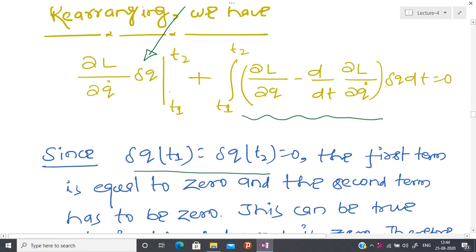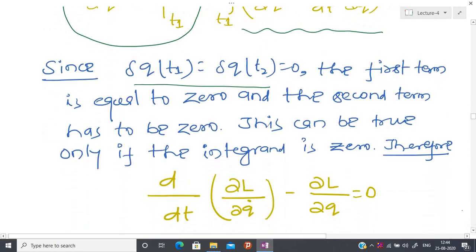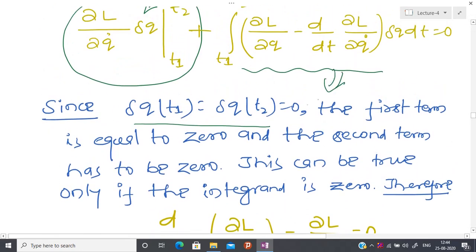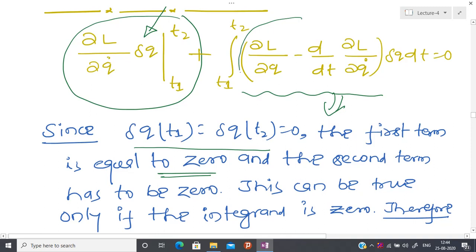So if these two are very small, delta q(t1) is 0 and delta q(t2) is also 0, so this part of the integral is nothing but 0. So if this part is 0, then obviously I have to make sure that the second part is also 0. In order to make the second part equal to 0, we have to make sure that whatever is inside the integral, this particular quantity, should be equal to 0, and the same kind of thing I have done here.